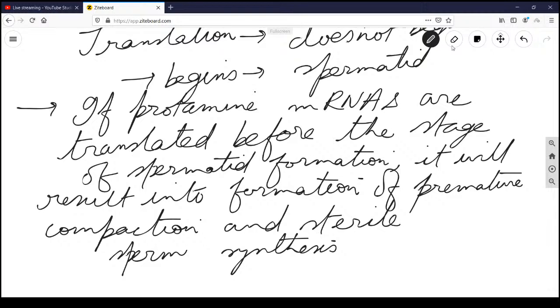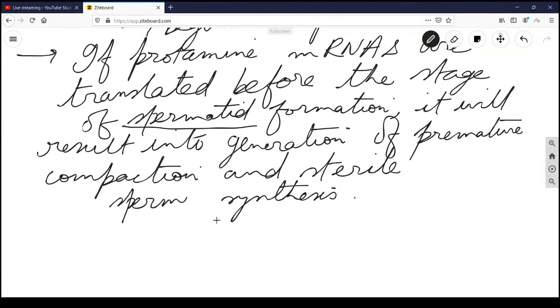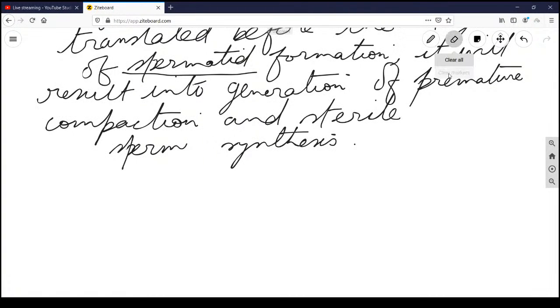That is why before the spermatid stage the protamines are never ever translated. Always keep that in mind, and then we can proceed.